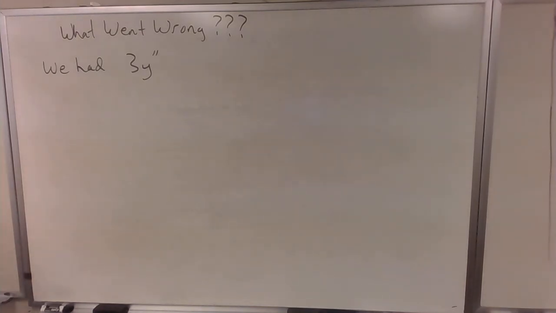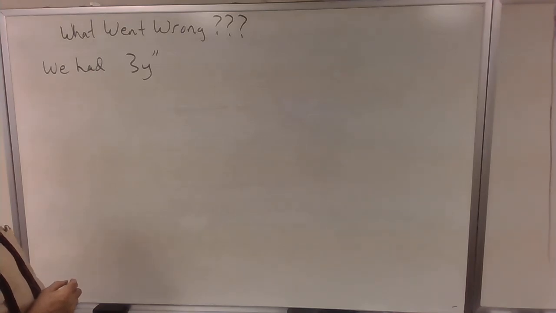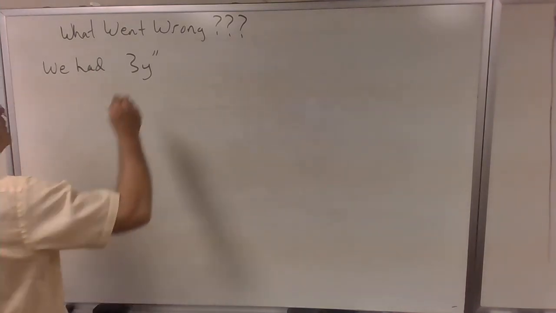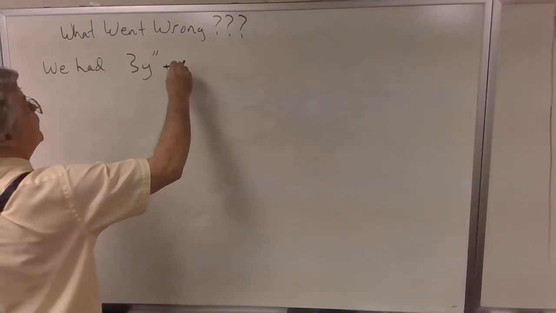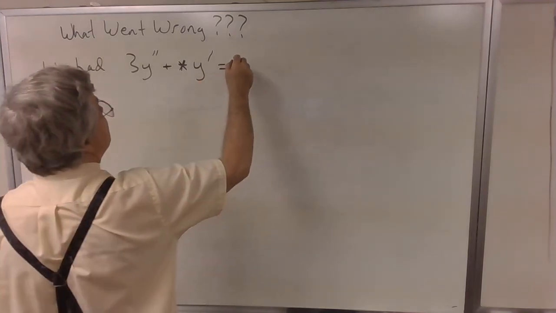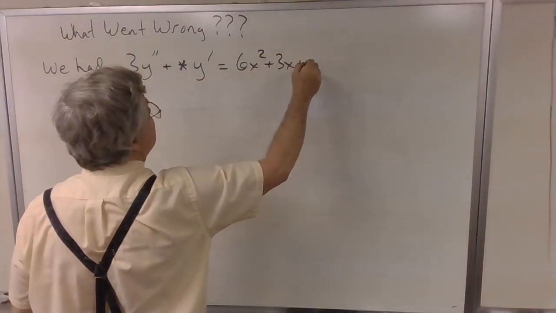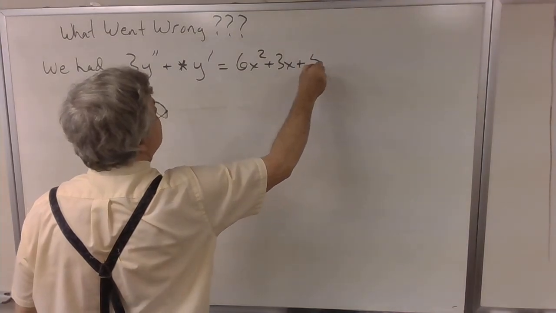I'm sorry, I don't remember the original equation. Oh well, we had something y double prime plus something y prime equals 6x squared plus 3x plus whatever that was, 5 maybe.